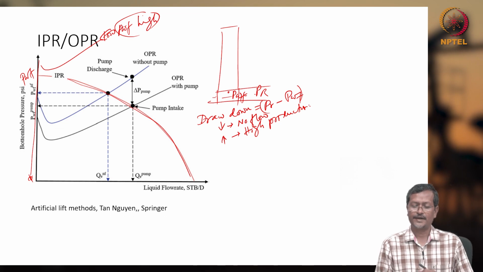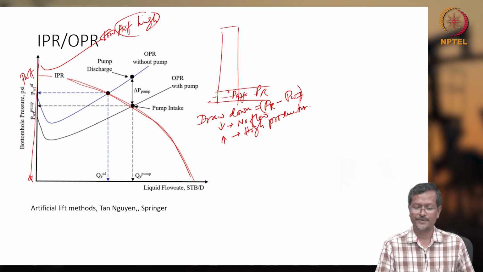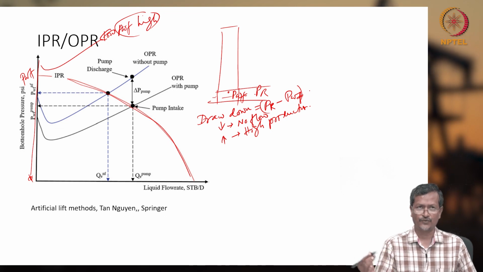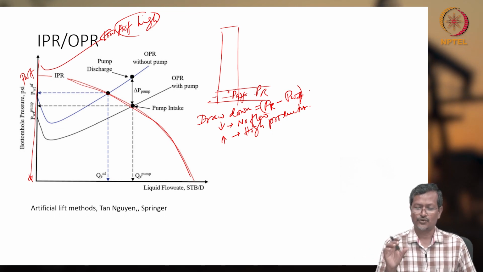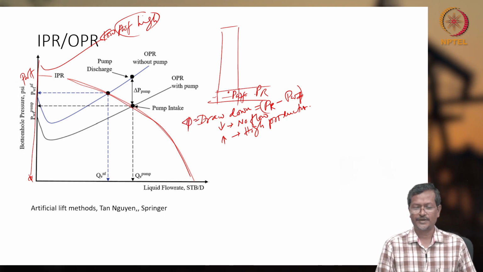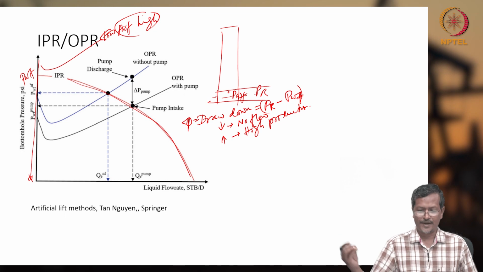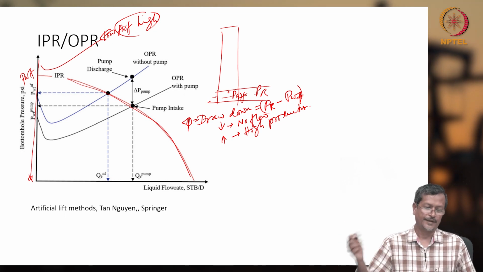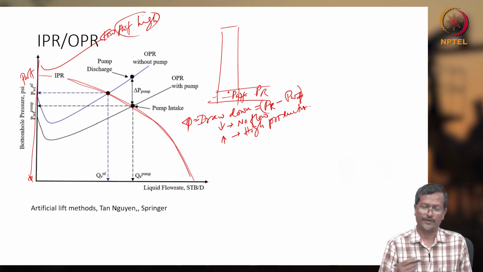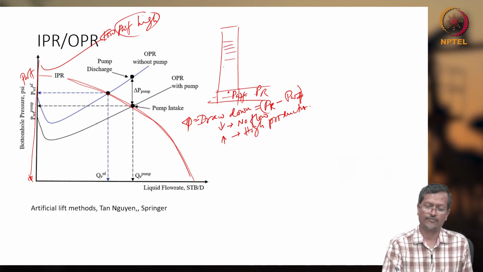Okay. Now, PR, the reservoir pressure, is normally fixed. So, if you reduce the flowing pressure, then your drawdown will increase. When drawdown increases, more fluid will enter your wellbore. Okay. Now, how to reduce PWF? Initially you have a fluid column here.